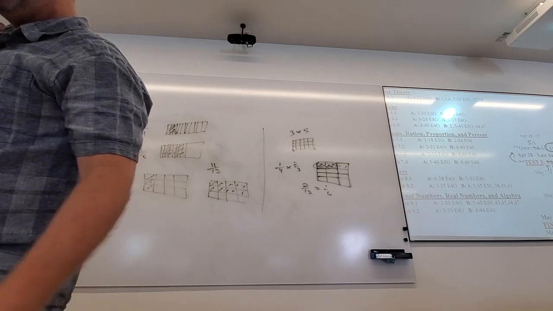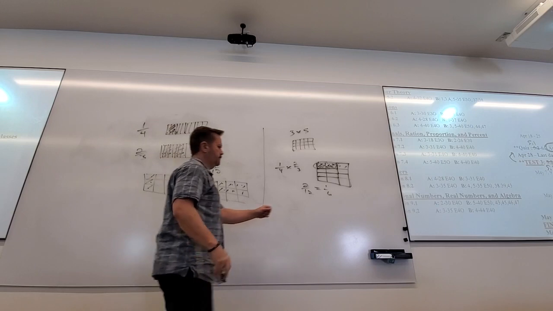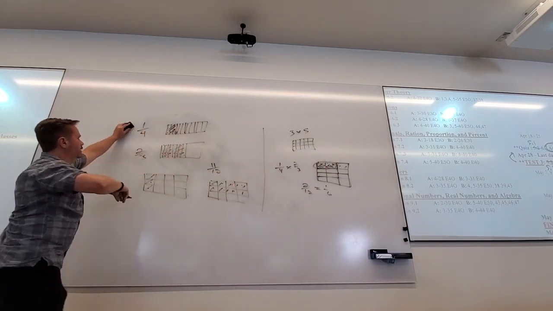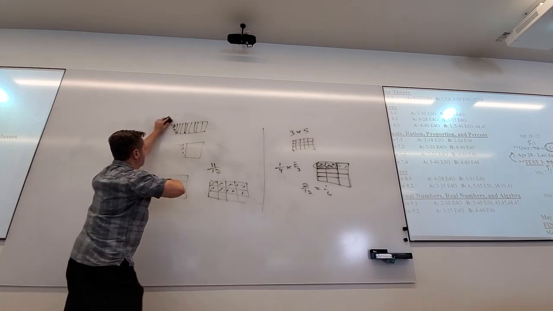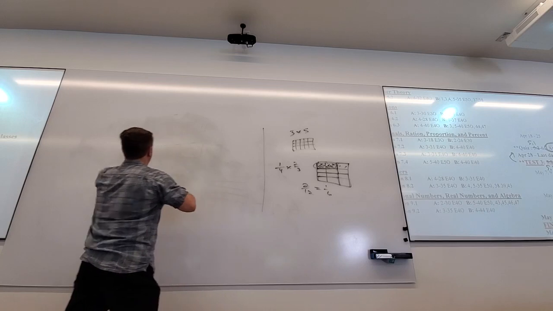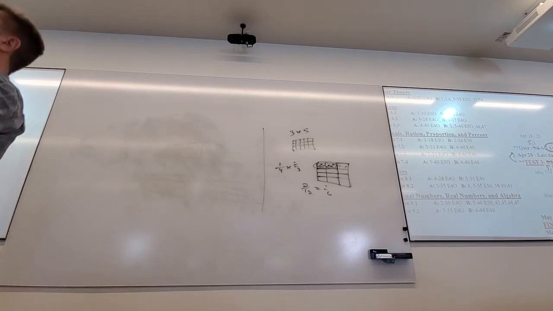So before I get too far away from addition, I just kind of wanted to show you multiplication with this kind of thing. What were some of the properties of addition that we learned before?